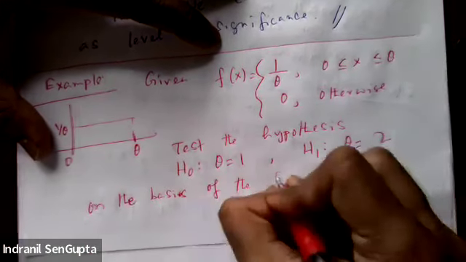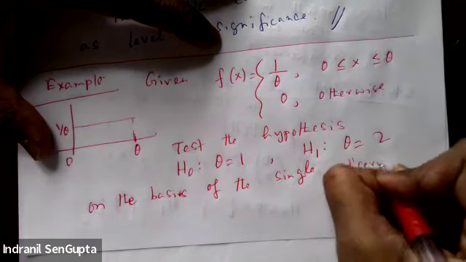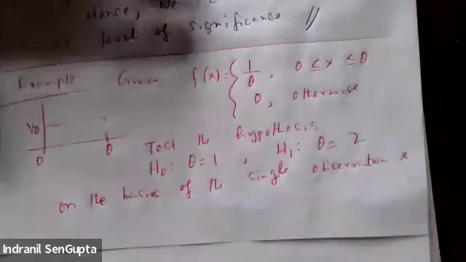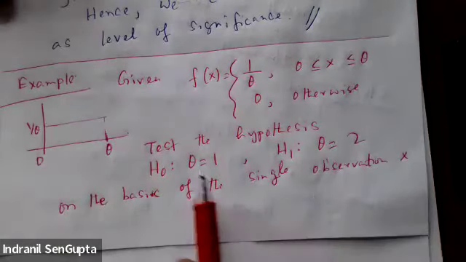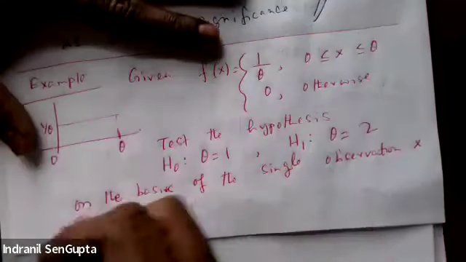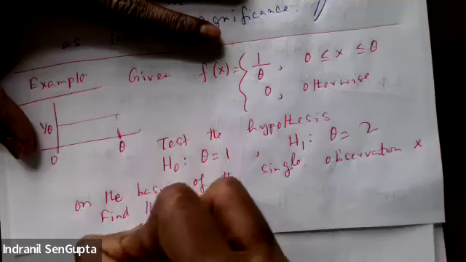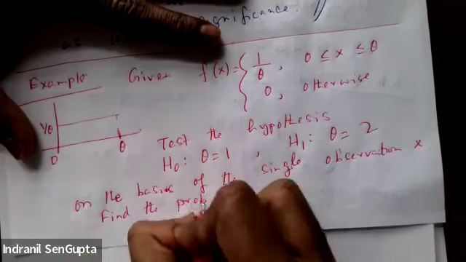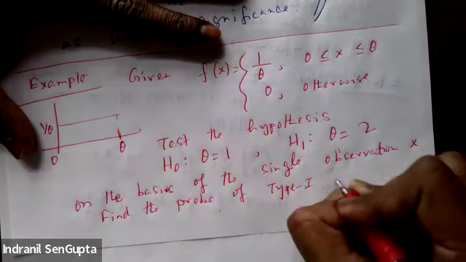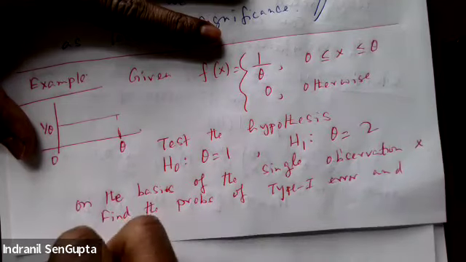On the basis of one observation, we have to test this hypothesis. We'll see how. Of course, this is not final. So find the probability of type 1 error and type 2 error.